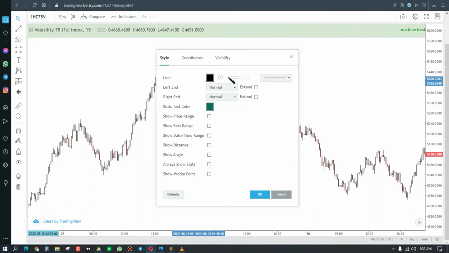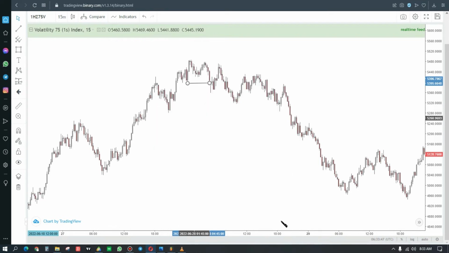Then price came here, made this high again, and just started mitigating everything. So everything here was actually mitigated. You would have seen that price came here, mitigated this imbalance, then it dropped, broke this low.